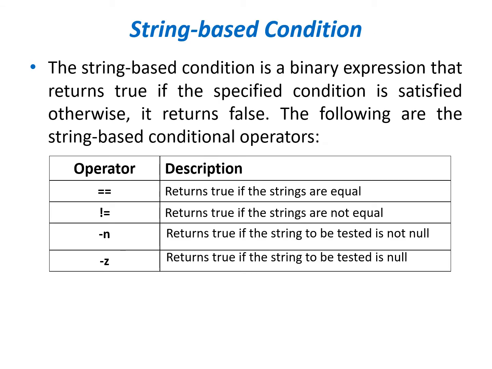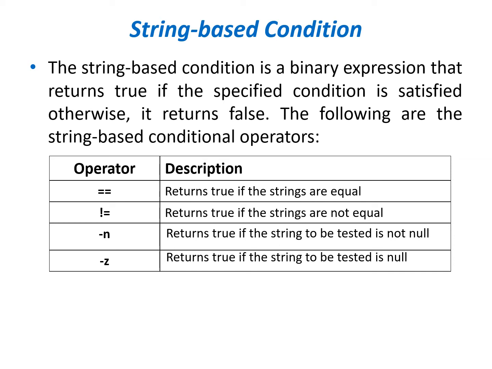Now we take string-based conditions. The string-based condition is a binary expression that returns true if the specified condition is satisfied. Otherwise, it returns false. The following are the string-based conditional operators. In this table, we describe the operators used in string-based conditions.